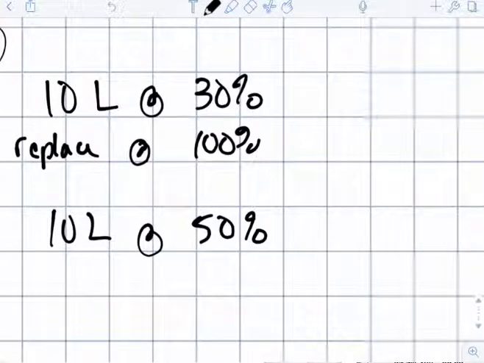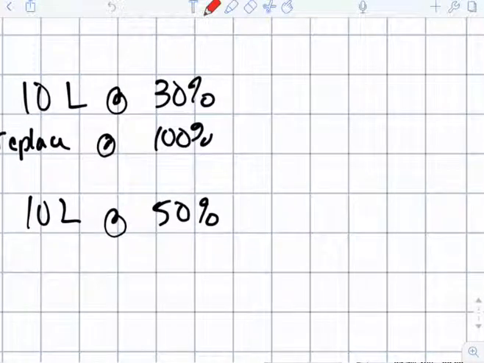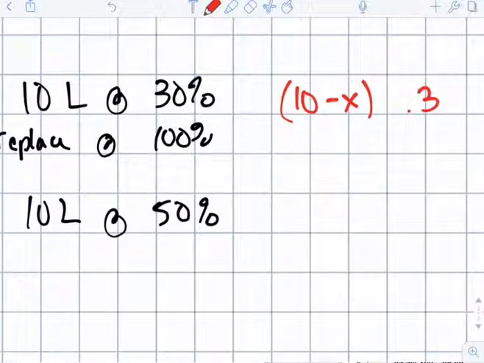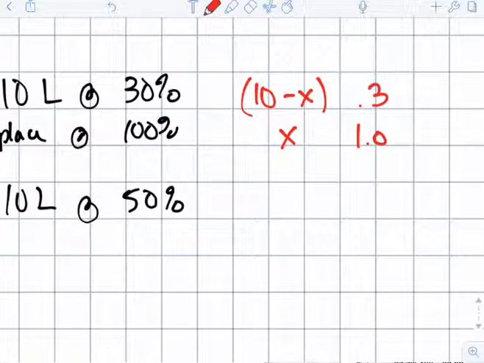I know I started with 10 liters, but I want to take some amount of that out. I want to take x out. I know that's at 30%. I want to add x at 100% to give me 10 liters at 50%.